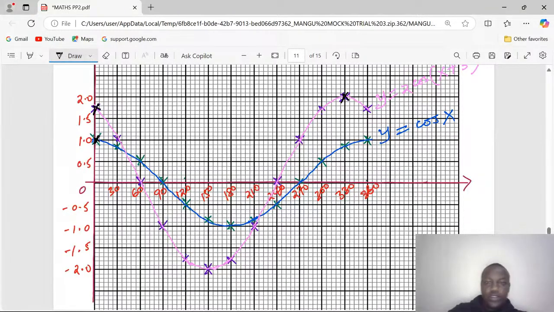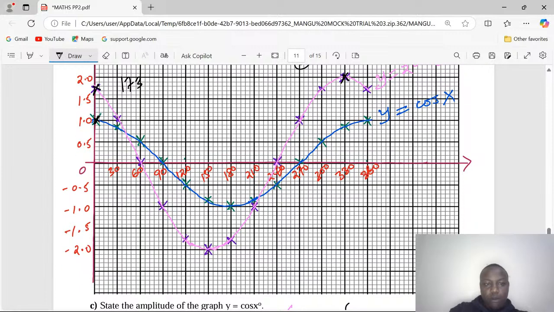Something you should understand again is that this was 1.73, while the topmost part on the other side is 2, so that is not the same position.